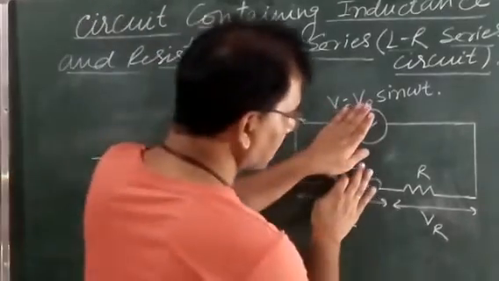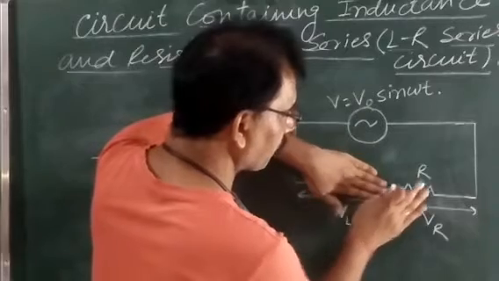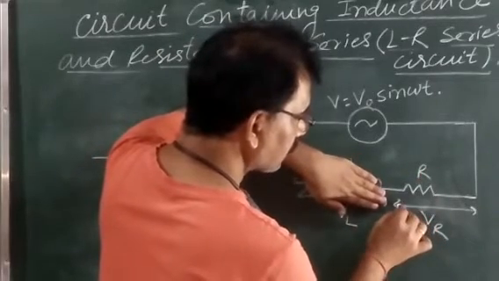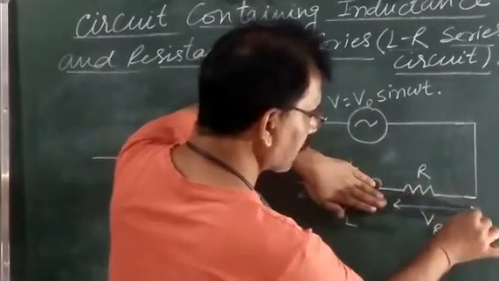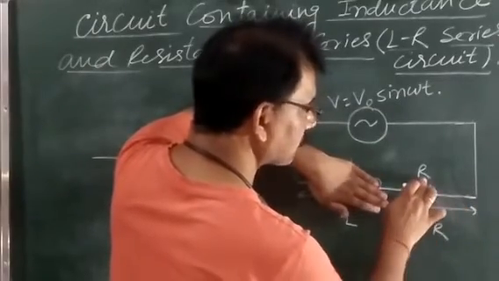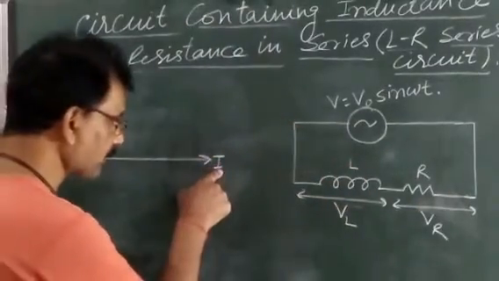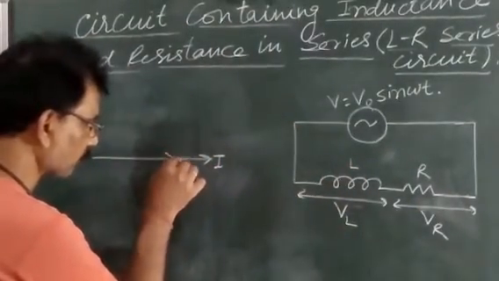Suppose the circuit contains only a resistor, forget the inductor. Then the potential across this resistor is VR and the current is I, and VR and current are in the same phase. So if current I is here, VR is also in the same phase.